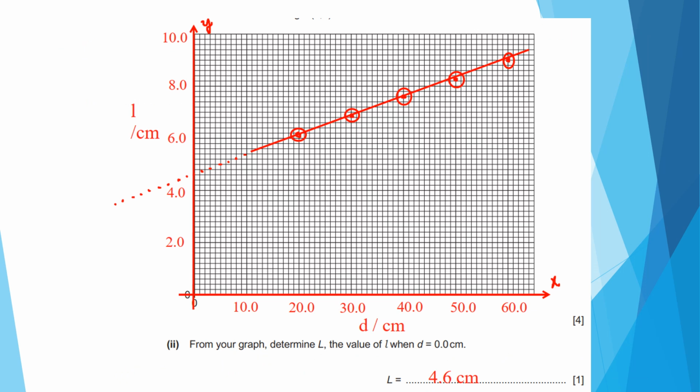When we are plotting, first we need to label the x-axis and y-axis. On the x-axis we are asked to represent D, and its unit is centimeter. On the y-axis we need to represent the extension, and that unit is centimeter. Just for labeling the x and y axes and assigning the quantity with unit, you will get 2 marks. And for choosing the appropriate scale, though it is 10, 20, 30, we need to represent according to the table, that is 10.0, 20.0, 30.0, 40.0, 50.0, 60.0.